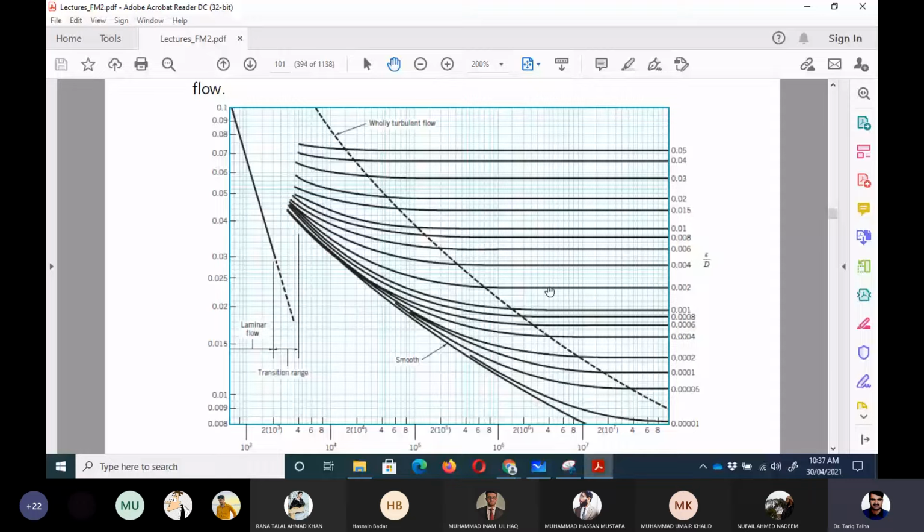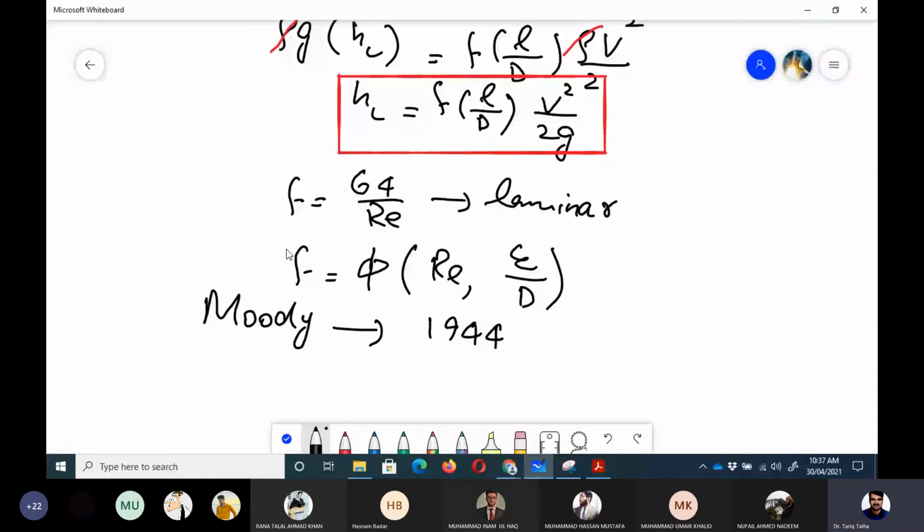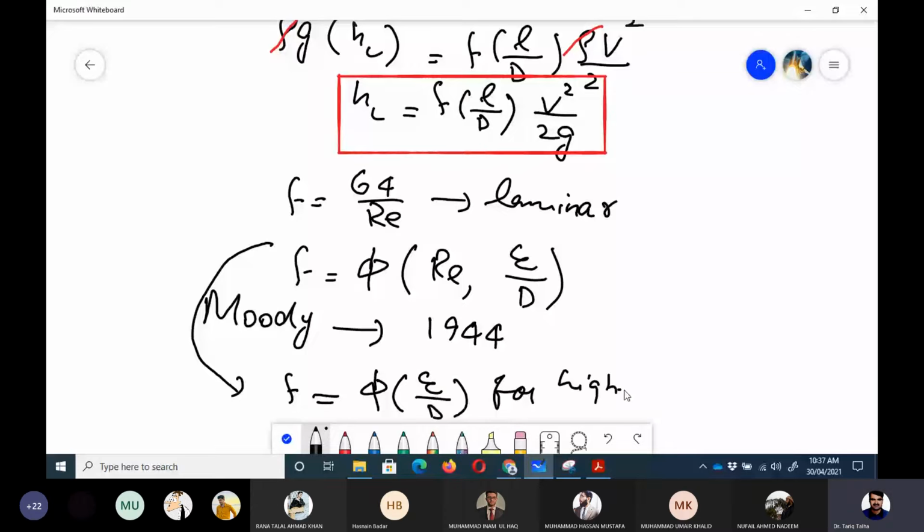So we can write here that the friction factor becomes only a function of epsilon upon d for higher Reynolds number value.